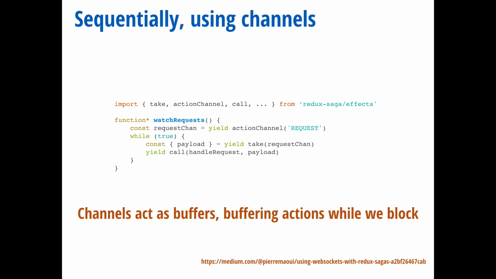But when it's finished, it will go into the next iteration and check if there is something in the action channel and do another request. So you can do things sequentially, and orchestrate things differently depending on your needs by playing with the effects.